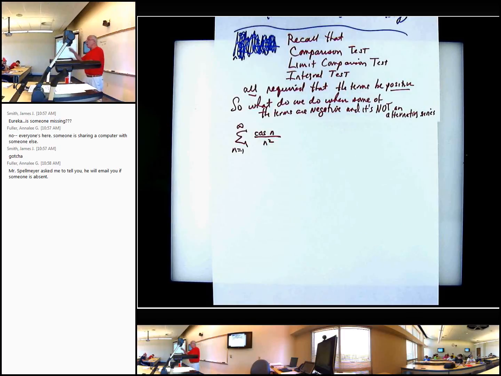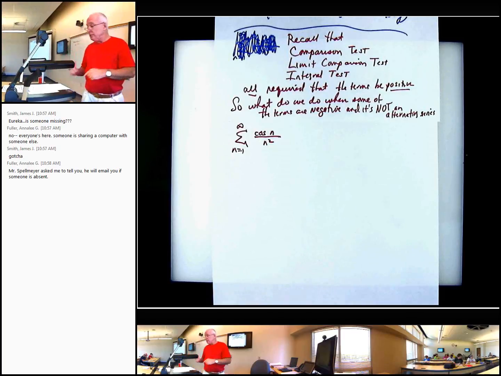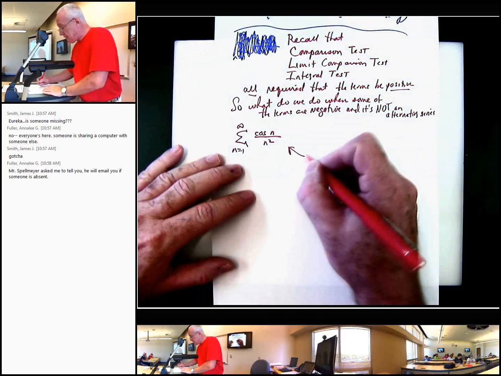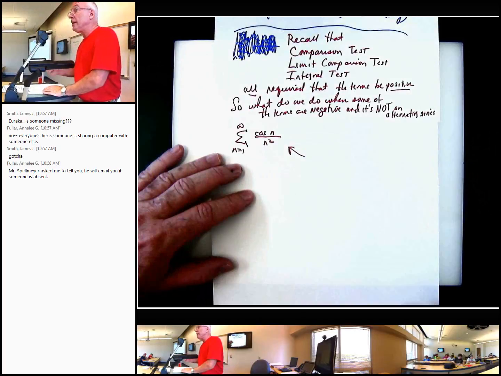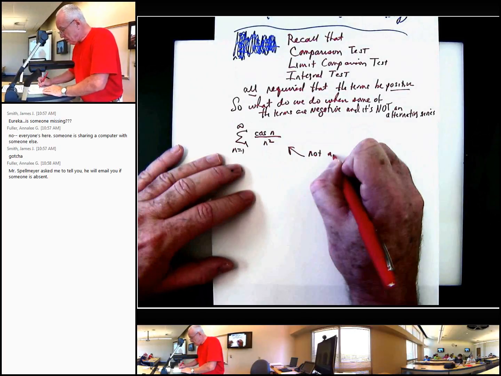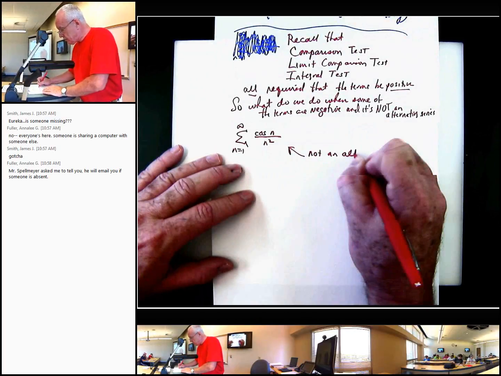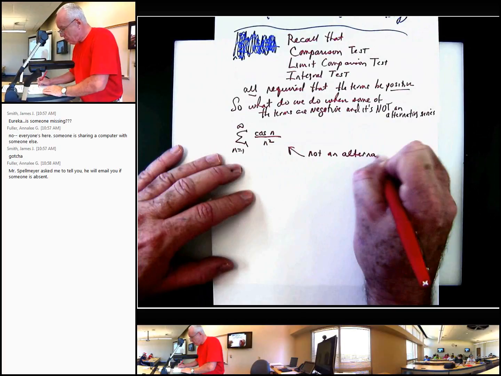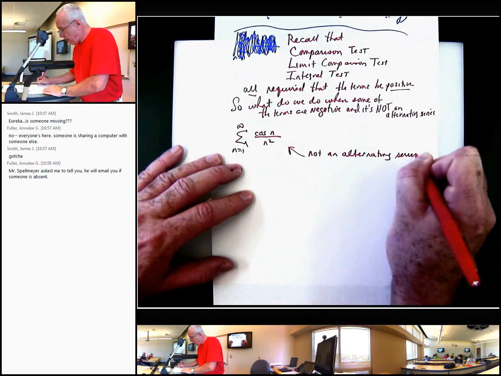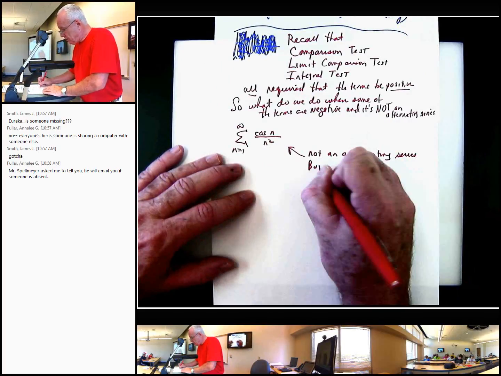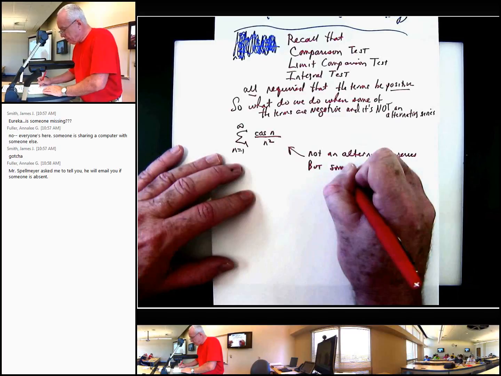But it doesn't alternate between every other term. So this is not an alternating series, but some of the terms are negative.